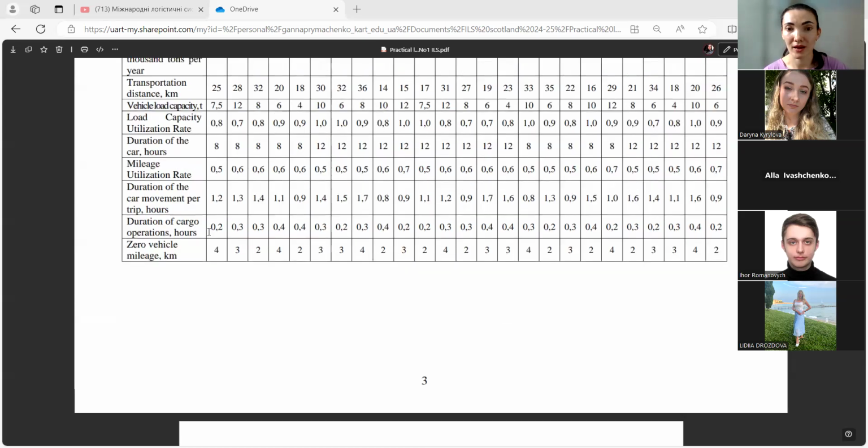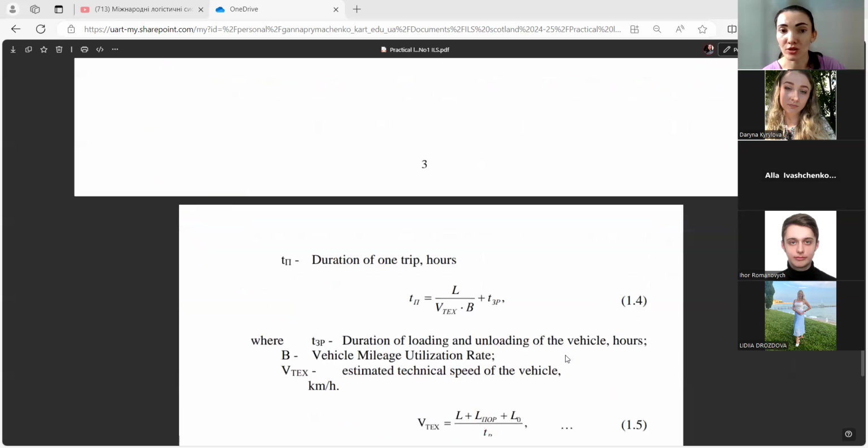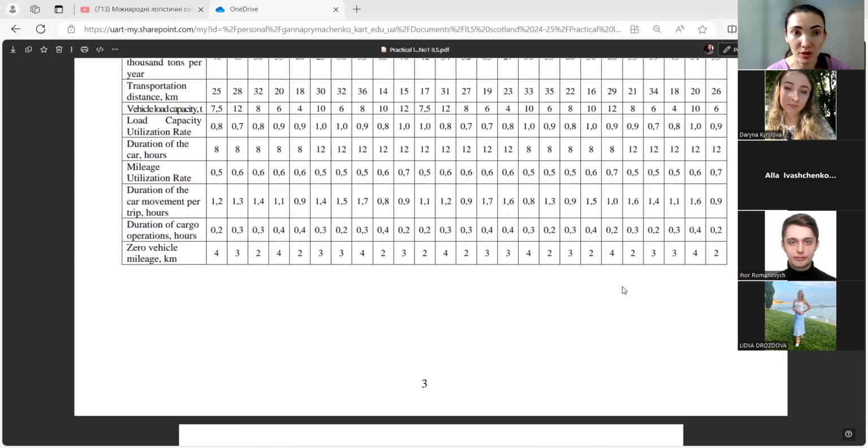Yes, and the last in our formulas is plus t with a special index, and we can look at what it means. It is the duration of loading and unloading of the vehicle in hours. So we find it in our table, maybe.